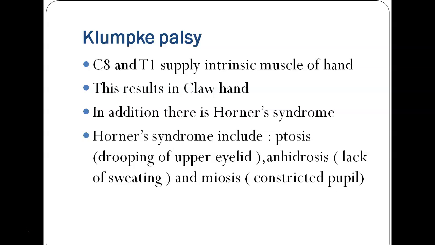In addition, there is also Horner syndrome, that is because of involvement of cervical sympathetic chain. Horner syndrome includes ptosis, that is drooping of upper eyelid, anhidrosis, that is lack of sweating, and miosis, that is constricted pupil. Thank you.